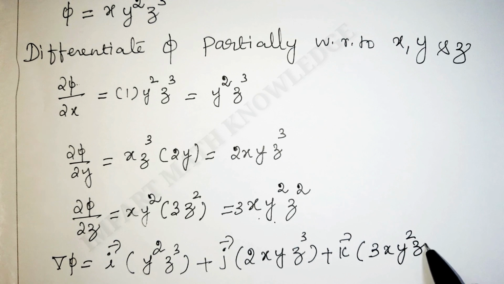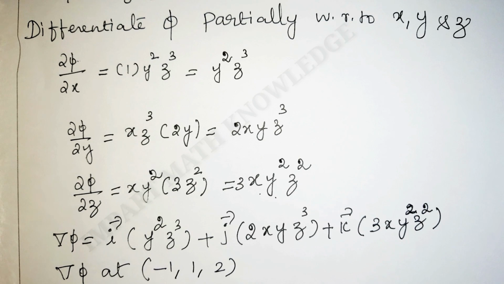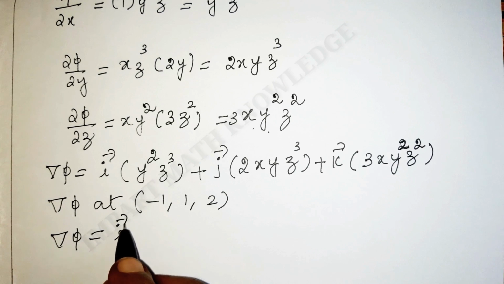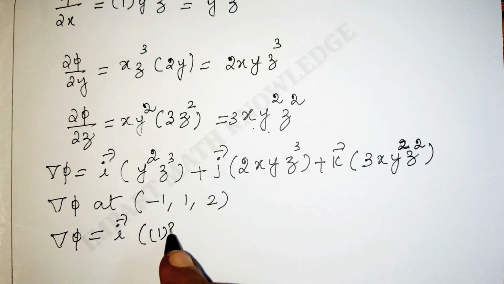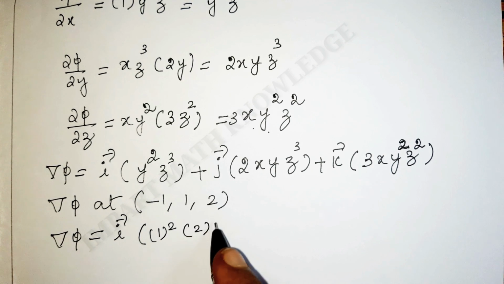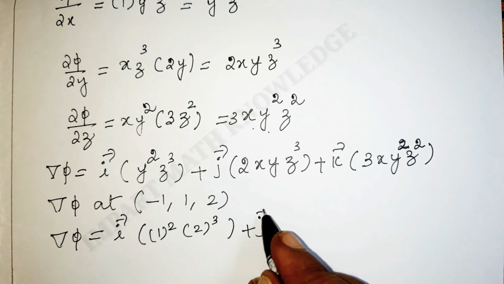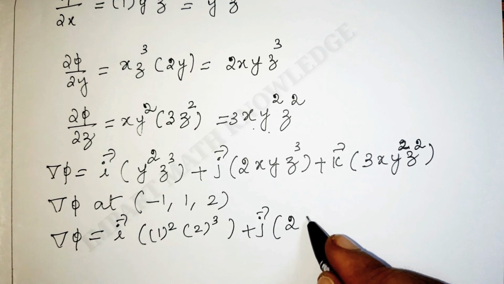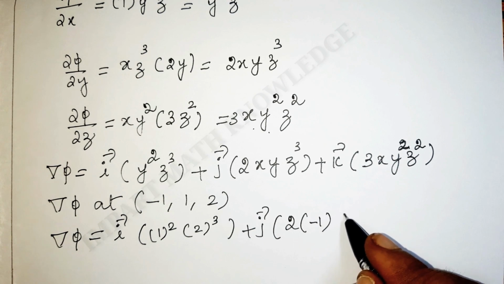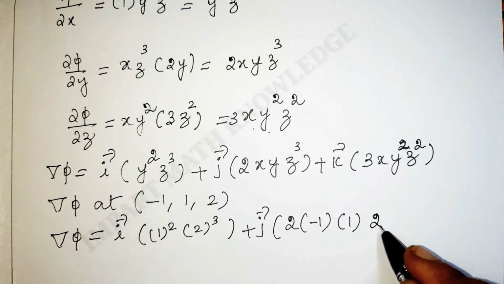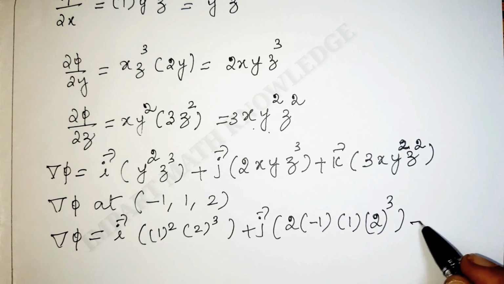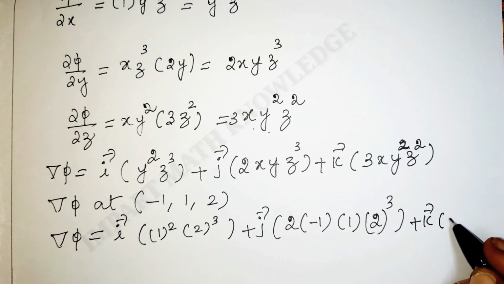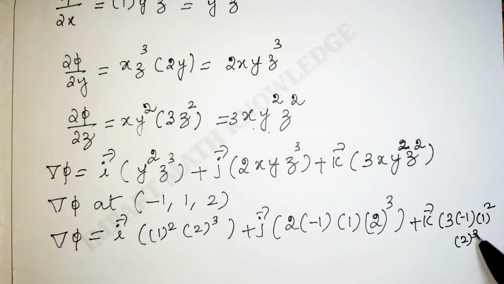3xy square z square. Next we have to find del phi at the point minus 1, 1 and 2. I vector: y value is 1, 1 square, z cube is 2 cube, plus j vector: 2 into x value is minus 1, y value is 1 and z value is 2, 2 cube, plus k vector: 3 into x value is minus 1, y value is plus 1, z value is 2, 2 square.